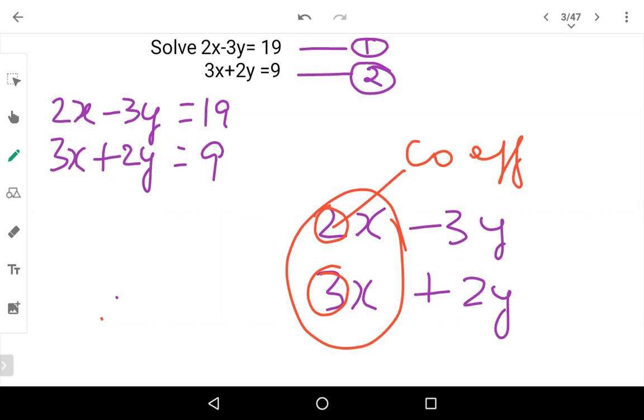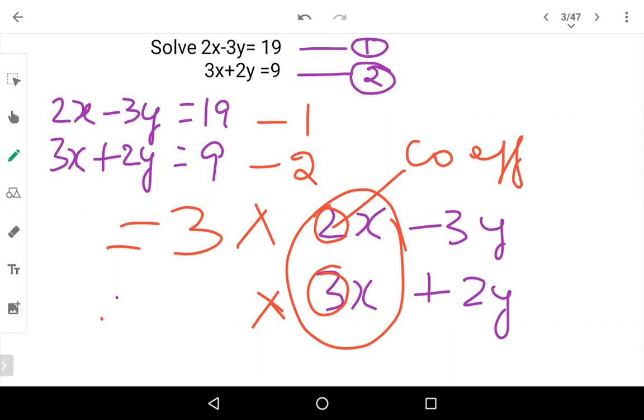Now tell me a number which I have to multiply with equation 1 and with equation 2. It can be the same number or a different number. Can you find one number? For equation 1, which number if I multiply? Okay, Bindu Shri says equation 1 into 3. Okay, I get 3 2s are 6. Fine.